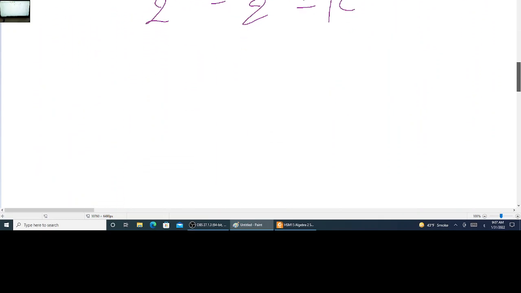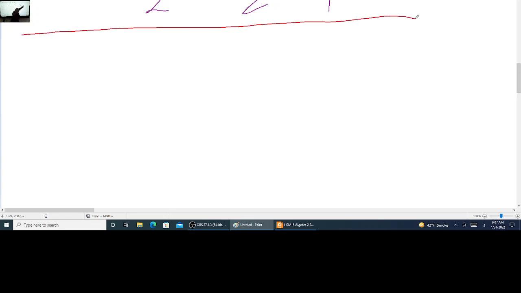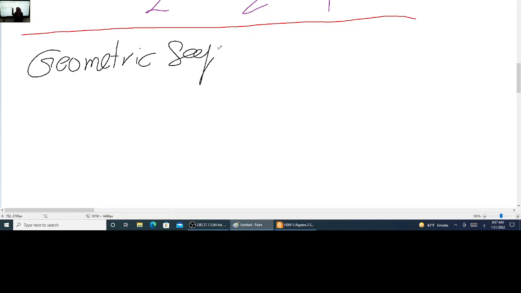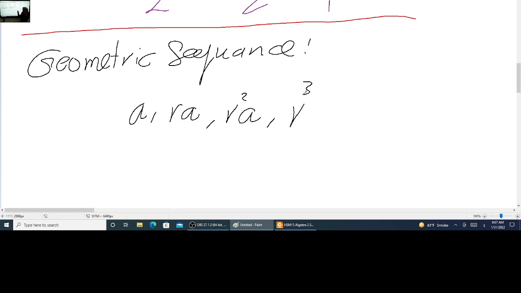Now the second type, or the second case of sequences, is geometric sequences. If we have a sequence of the form a, ra, r squared a, r cubed a, and so on, note that here every two consecutive terms have a common ratio, not difference, ratio.